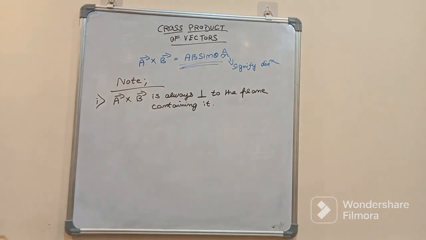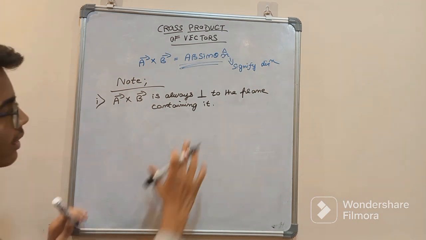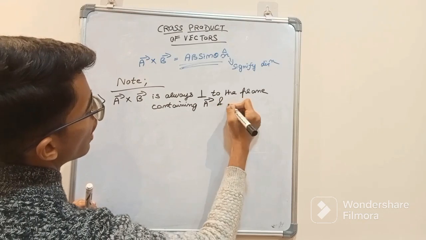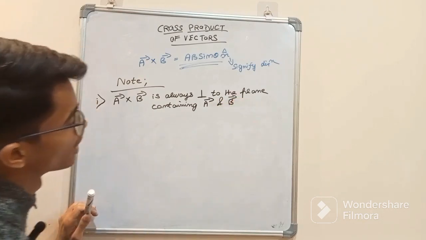A vector cross B vector is always perpendicular to the plane containing it, that is, containing A vector and B vector.